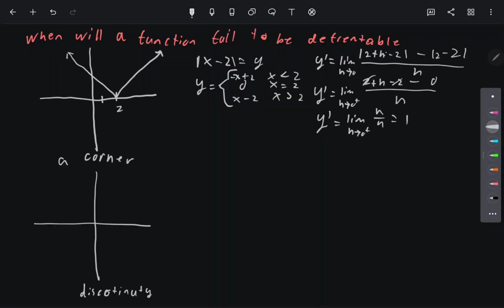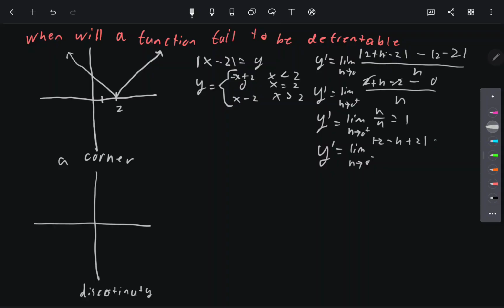But now if we want to take the limit from the left, y prime is going to be the limit as h approaches 0 from the left, and we're going to, once again, evaluate at 2. So negative 2 plus h, minus 2, plus 2.